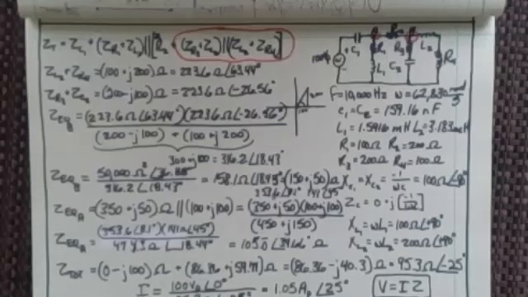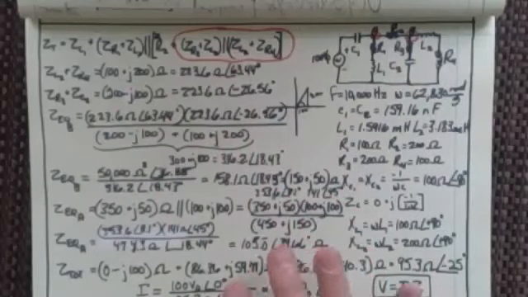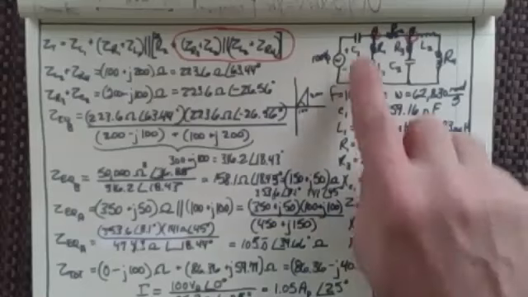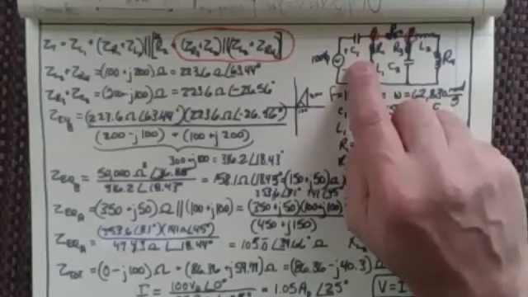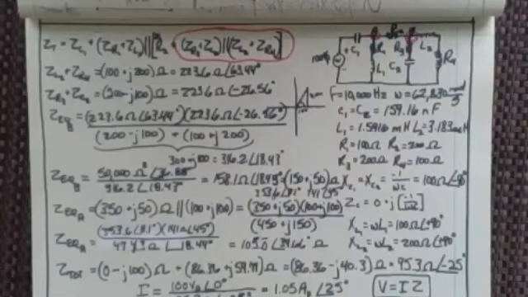And now you're saying, well, now we got the current. We know what the thing is. So we should be able to use that current information and Ohm's law to find out what the voltage drops are, the voltage drop across that first capacitor. What is the voltage drop across that capacitor?